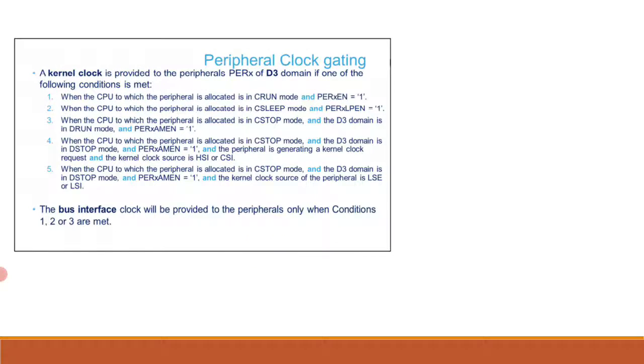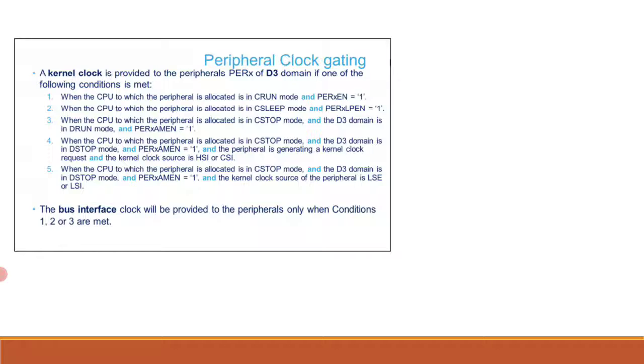When the CPU to which the peripheral is allocated is in CRun mode and its enable bit is set to 1. When the CPU to which the peripheral is allocated is in C-sleep mode and PRX LPEN equals 1. When the CPU to which the peripheral is allocated is in C-stop mode and the D3 domain is in DRun and its LP enable bit is set to 1.